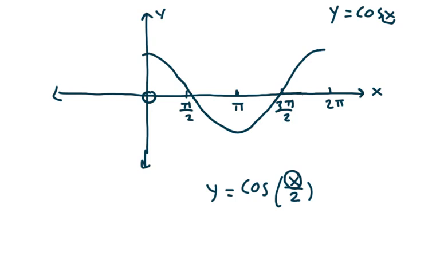If I replace x with 0, cosine of 0 is 1. So I claim that cosine of x over 2 is greater than or equal to 0 if x is in between 0 and pi. You can convince yourself by plugging in 0, plugging in pi, and then picking a value in between 0 and pi, and you will see that y is non-negative the whole time.